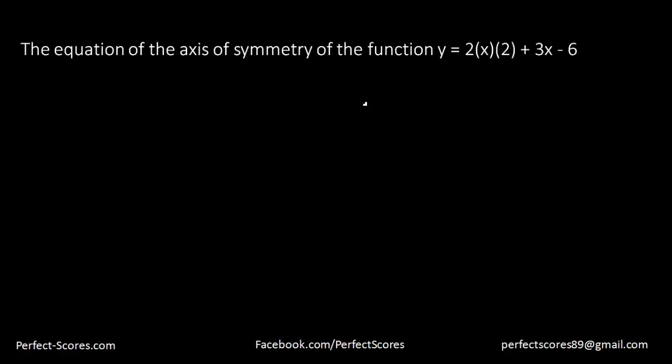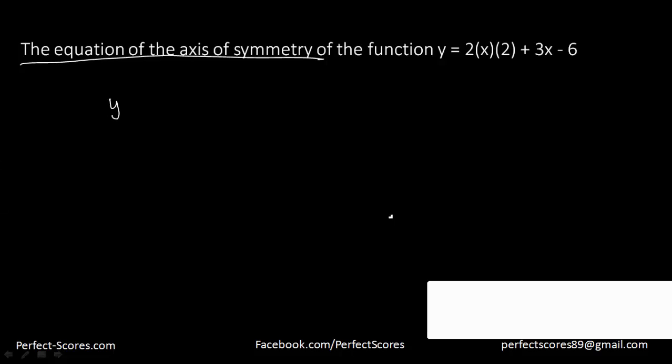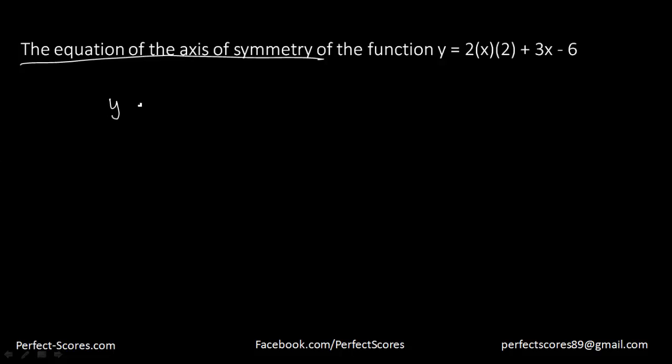This says the equation of the axis of symmetry of the function is this. So we have to find the equation of the axis of symmetry. So y is equal to, I'm sorry, this is supposed to be y is equal to 2x square plus 3x minus 6. Now the axis of symmetry would be x is equal to minus b over 2a.